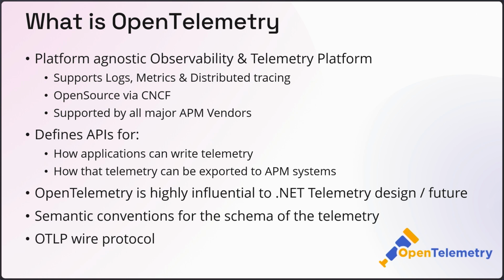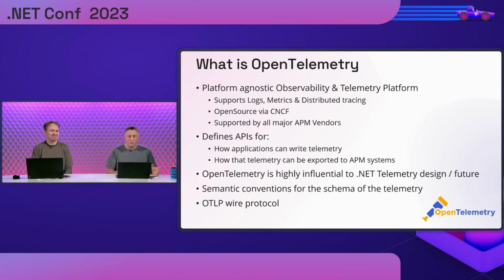Typically, in most languages, OpenTelemetry defines the API and applications write to that. We're a little different in .NET in that we added those APIs directly into the platform, so you can work against those platform APIs rather than OpenTelemetry, and then OpenTelemetry pulls that data.